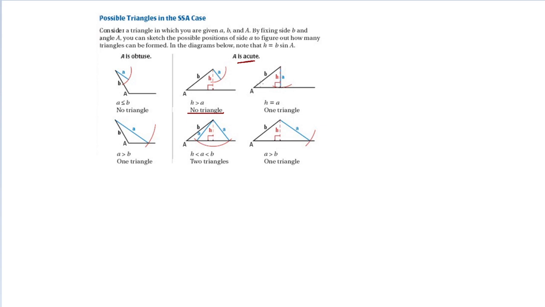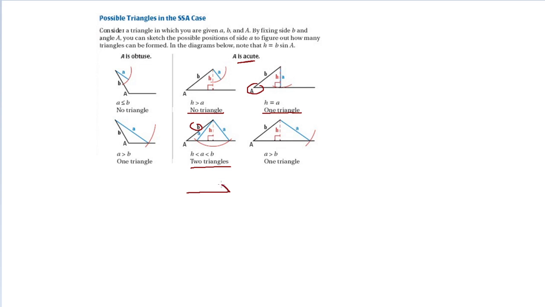If this angle A is acute and the opposite side is the same as the height, then we can say there's only one triangle, and that's going to be a right triangle. If the opposite side of angle A is more than the height but less than this side over here, then we can say there are two possible triangles.